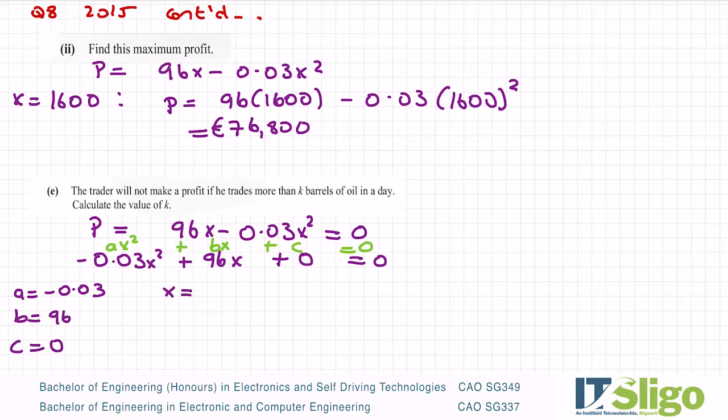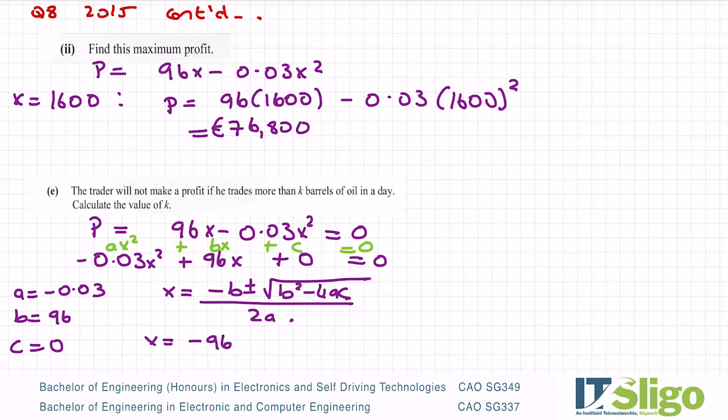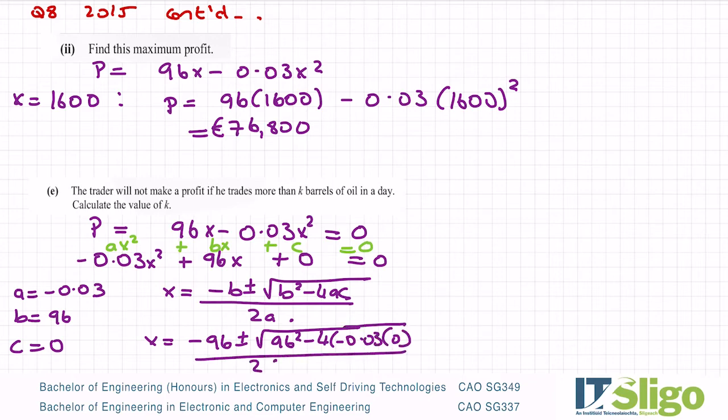So to solve it, minus b plus or minus the square root of b squared minus 4ac all over 2a. So let's put in our values. So x is equal to minus 96 plus or minus, and I'm going to put all that square root into the calculator.